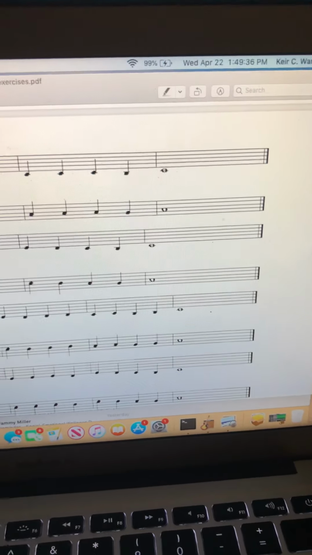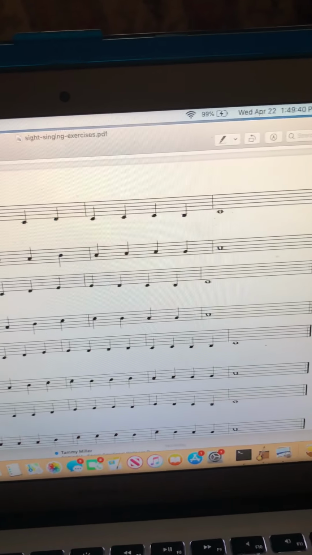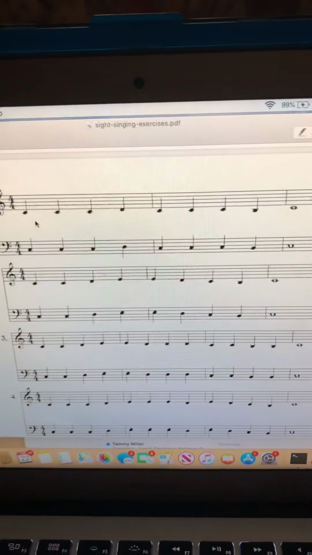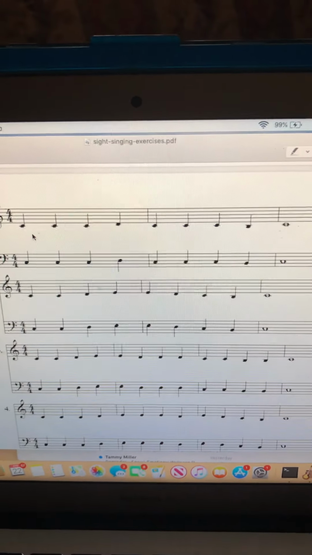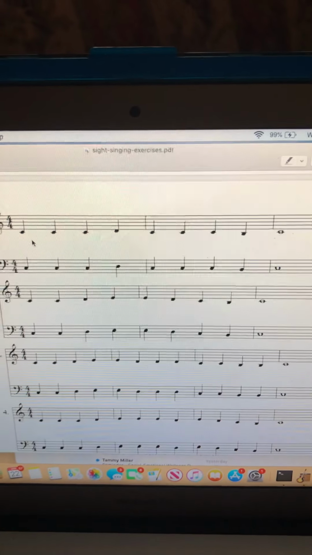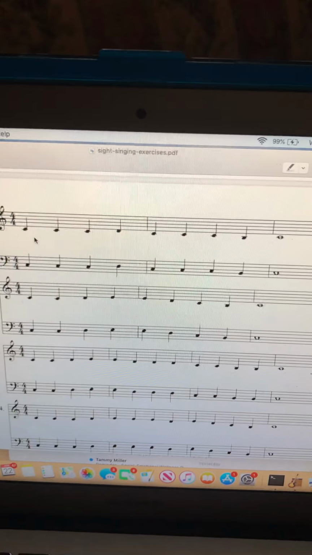I'm not going to play the whole thing for you. I will play the first one, but as you go on to exercise 2, 3, and 4, I'm not going to play them because I want you to try to read them on your own. But the first one would sound like this.